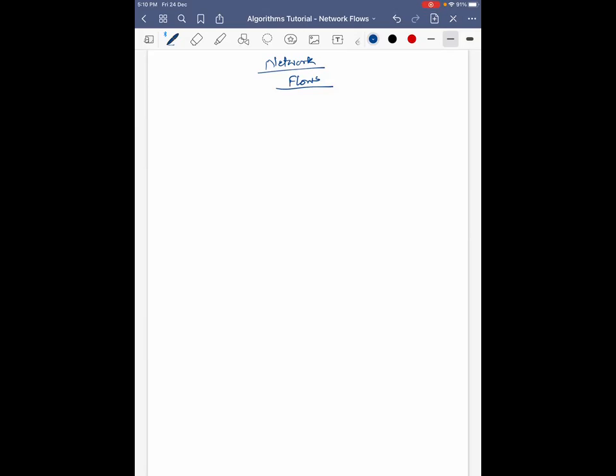So let us start. We'll begin with a very quick review of some of the concepts that you have studied as a part of network flows, and then we'll look at an application of network flows. Just to recall, in the network flow problem, the input is a directed graph G, a distinguished source vertex S, a distinguished sink vertex T, and each edge is associated with a capacity which is a non-negative integer.